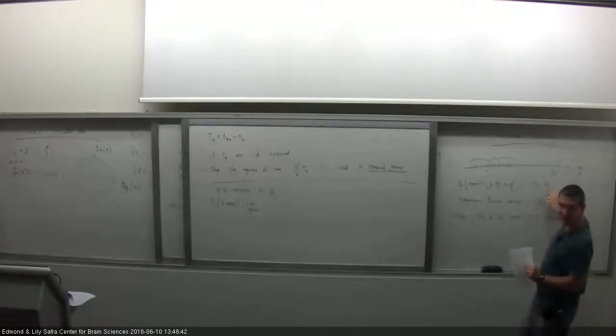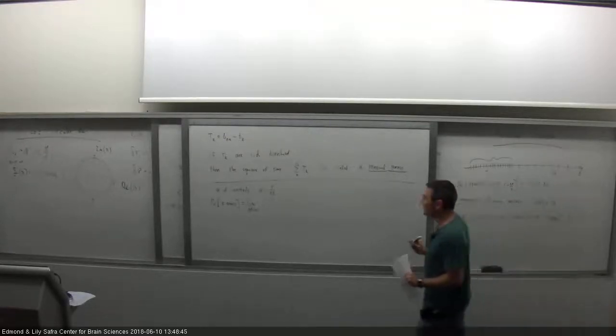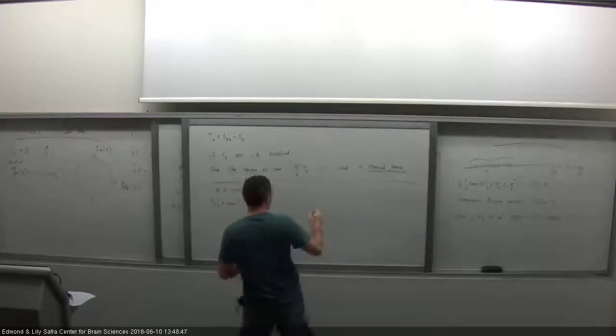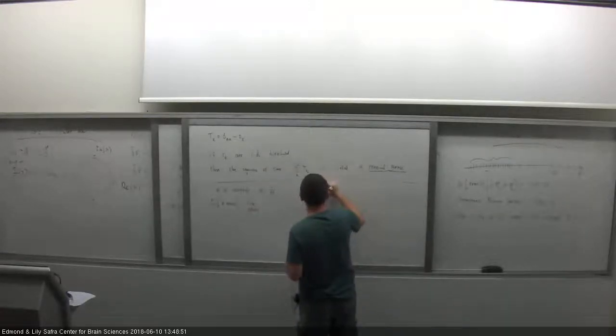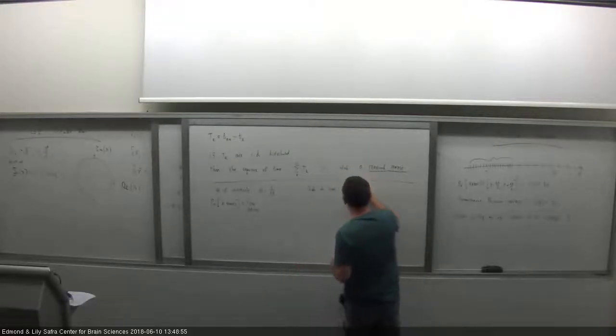Lambda delta t. So the probability of an event in interval delta t is p is equal to lambda delta t.